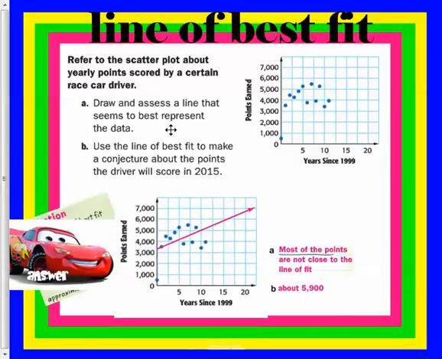You have some of them above and some of them below. It goes through this first point, and that helps us make sure that our line extends out. If we wanted to use a line of best fit to make a conjecture about the points that will be scored in 2015, we extend our line out, and it hits about here, a little bit less than 6,000, so 5,900.